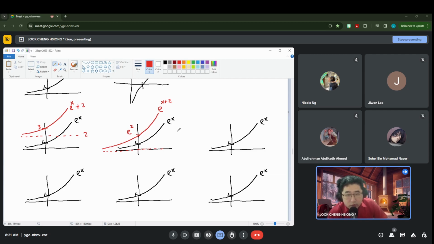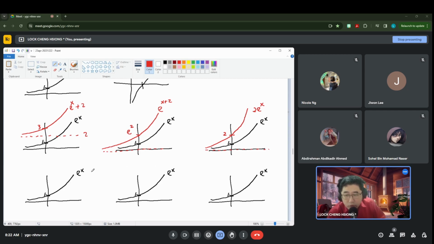If I have 2e^x, then we have this. It becomes steeper now, so we have 2 here. But the asymptote remains the same because it's an up-down stretching.